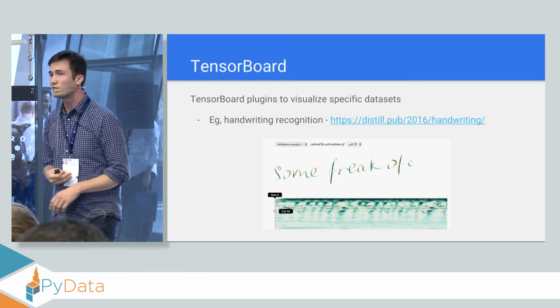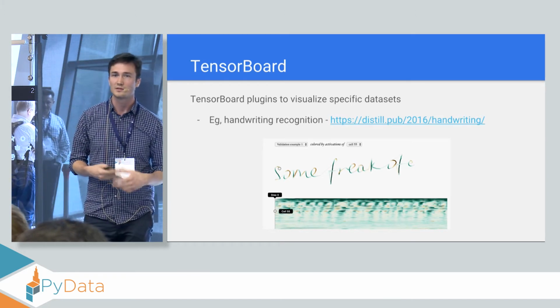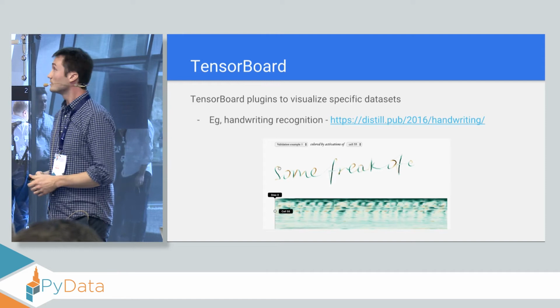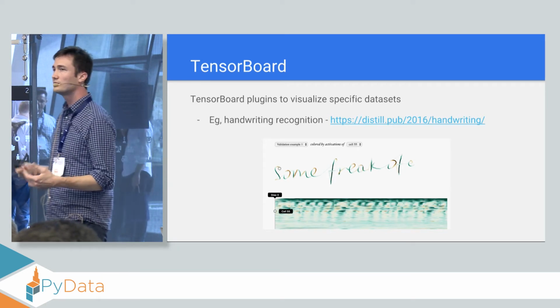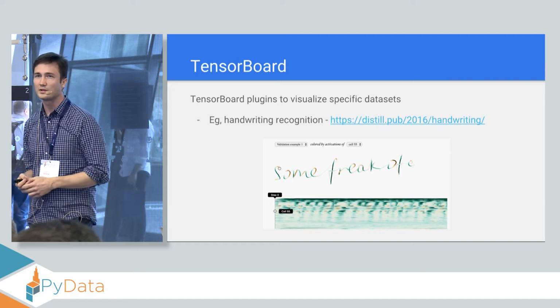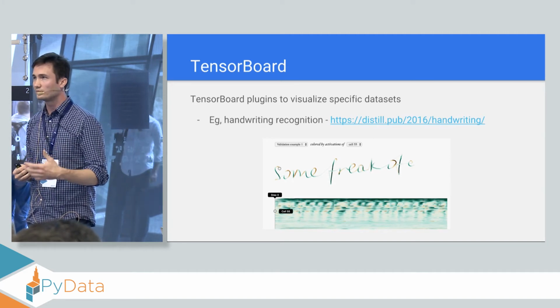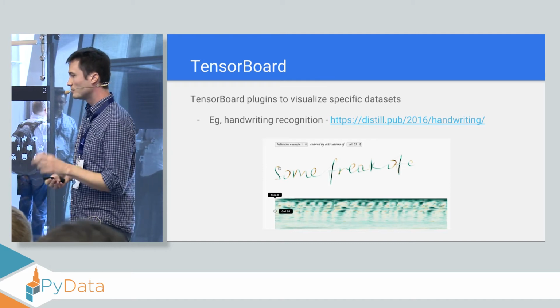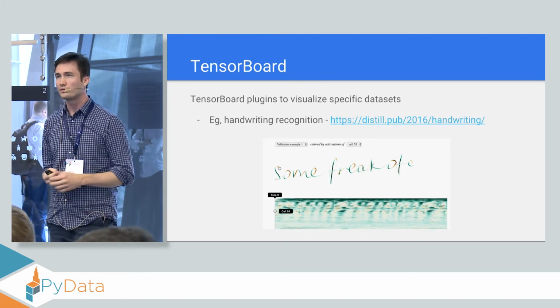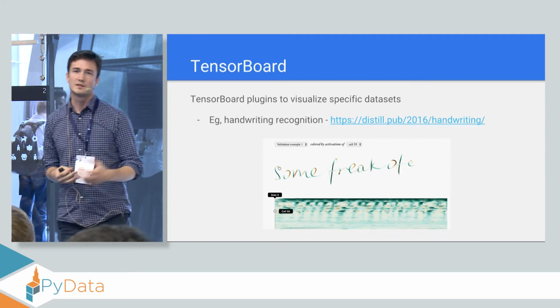And this past year, TensorBoard added a new ability to add extensions. Recently we saw a handwriting recognition plugin that can do live handwriting prediction, and it will basically learn the style of a person's handwriting. So the ability to customize visualizations for specific projects provides a lot of opportunities.